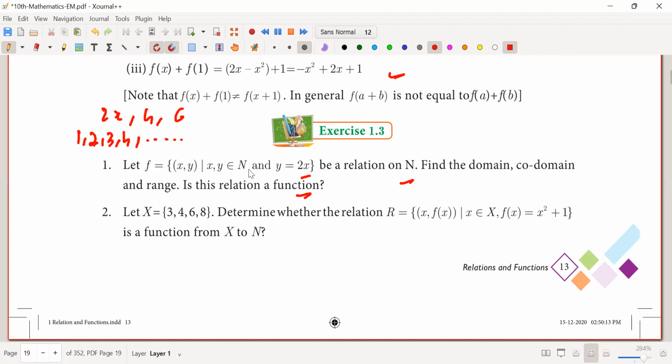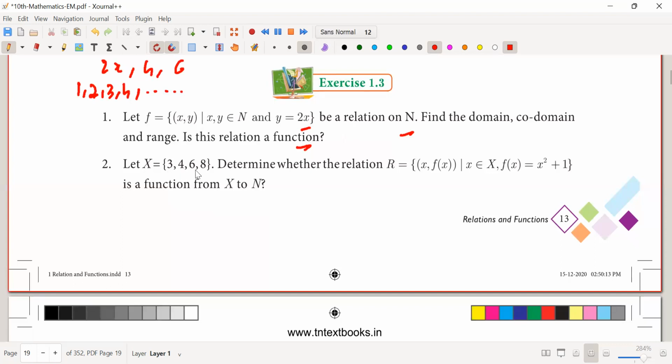For all terms of natural number, there'll be a term for y also. It will definitely be a natural number. There'll not be a negative integer or something. So the domain is natural numbers, and the codomain is even natural numbers. Range also is even numbers. Is this relation a function? Yeah, it is a function.